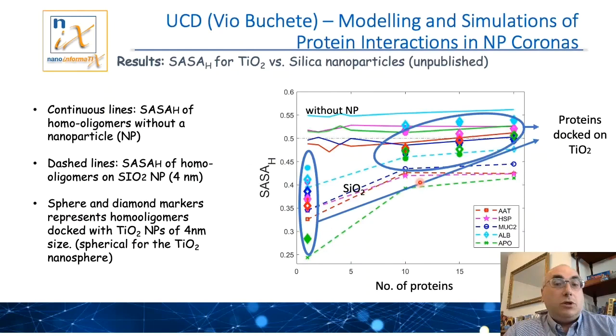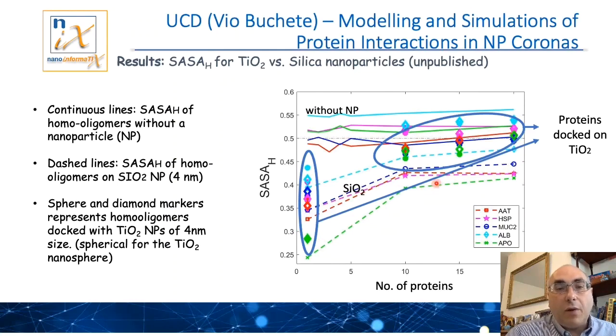We can just do it without any nanoparticle. We can look at homo or hetero oligomers of these proteins that are docked together and see what trends we get. And we can estimate and describe quantitatively what results we are going to get if we dock different numbers of proteins in different combinations on titanium dioxide, for example, or on silica nanoparticles, and we obtain different trends.